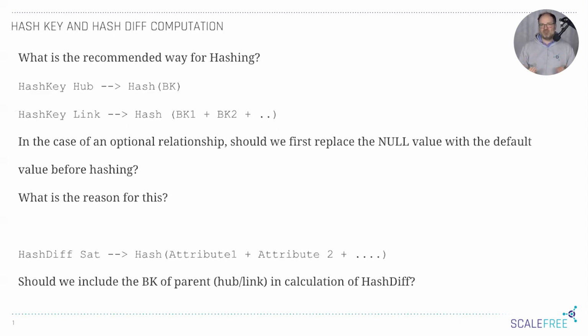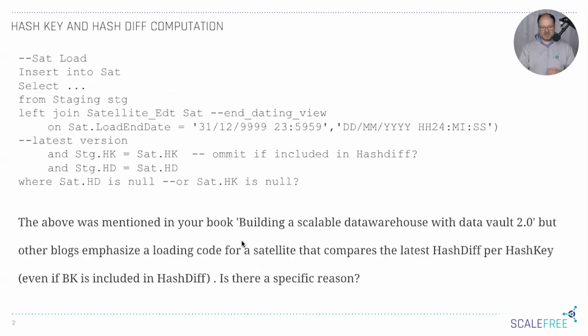So what happens is that if you include the business key in the computation of the HashDiff, you can omit the hash key. You don't need that anymore. You can directly load with the essentially virtual load end date to compare against the latest deltas and the HashDiff value. That's sufficient. And that way you can reduce the join condition here from 3 columns down to 2 columns.